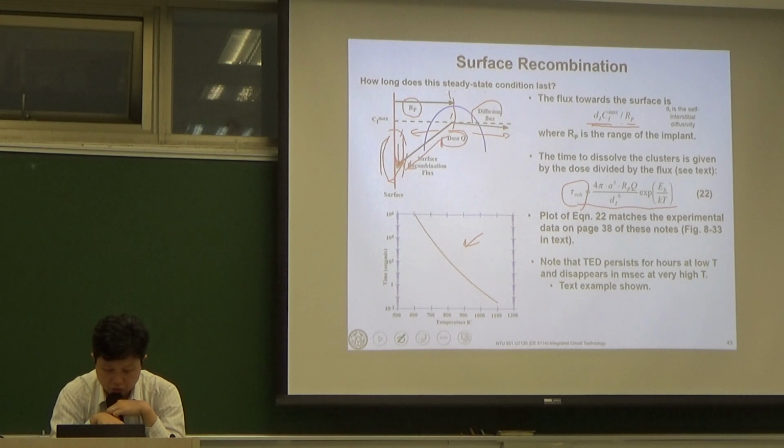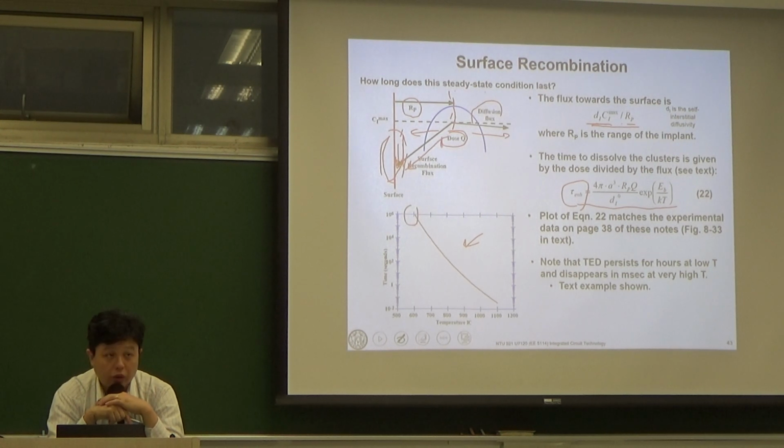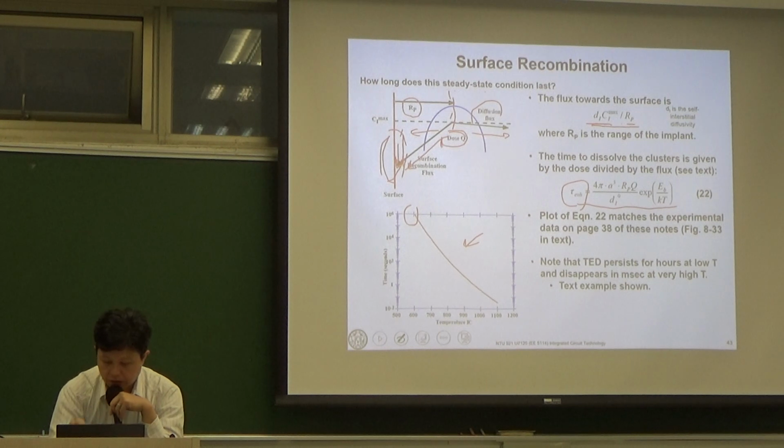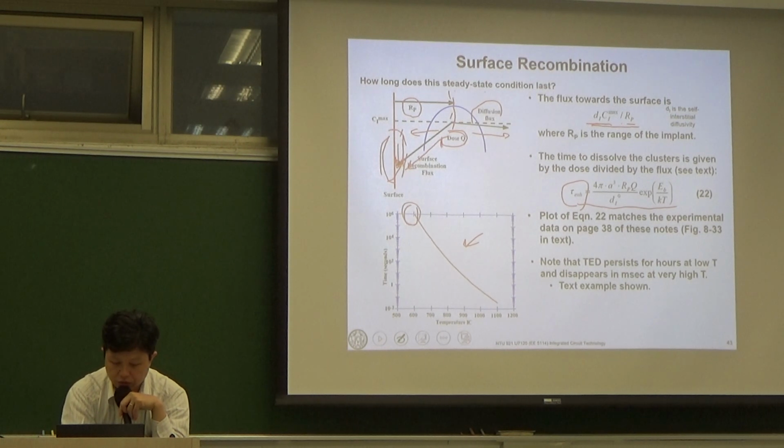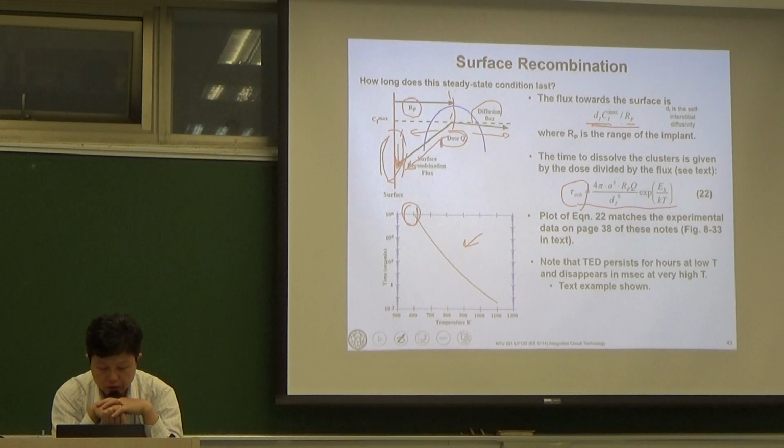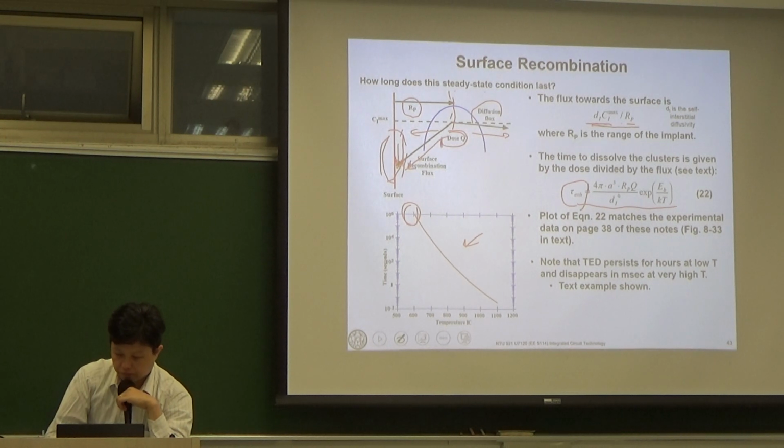You can see that at lower temperatures, the time of enhancement is quite large, which means that the TED process can exist longer compared with the one at higher temperatures. So it can last even for hours at low temperatures. But at high temperatures, it can drop to maybe less than 1 second.